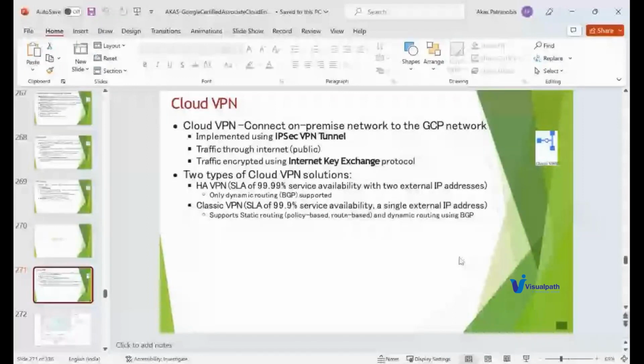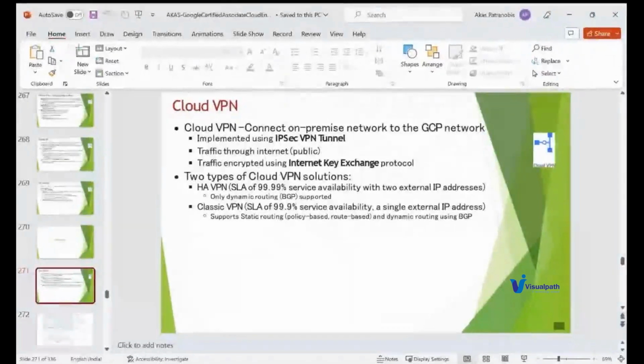But there is one thing that happens when we are using a cloud VPN: the traffic used for communication is not restricted to your internal GCP network. It does use the internet to pass your communications. So this is the one constraint that you get when you're setting up a cloud VPN.